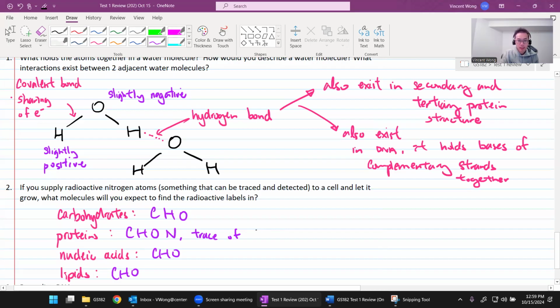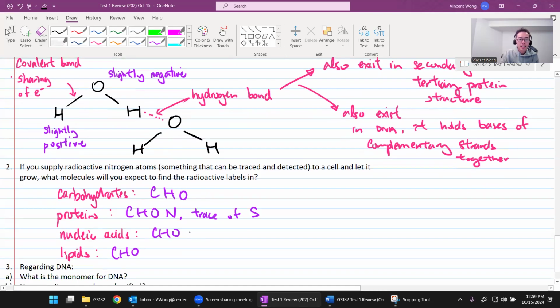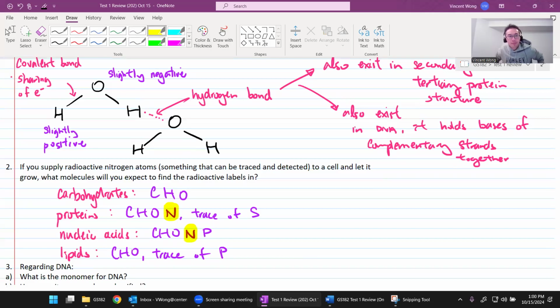Sulfur, yes, sulfur is good. Nucleic acid has N and P. Phosphorus is the one found in lipids, particularly the phospholipids. So the question is asking, where will you find the radioactive nitrogen? It's going to be in the proteins and the nucleic acid. That's what the question is asking.